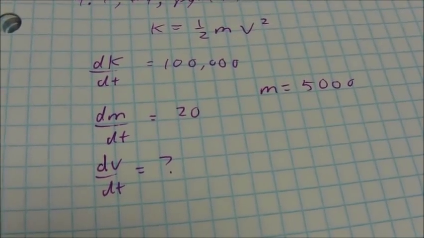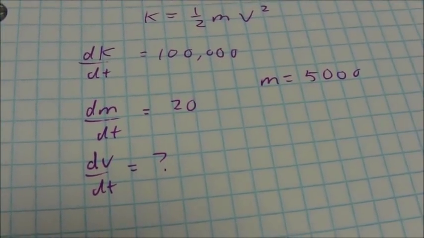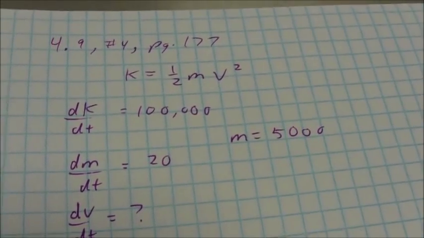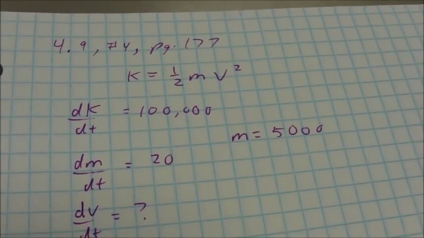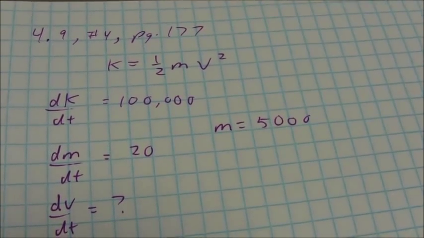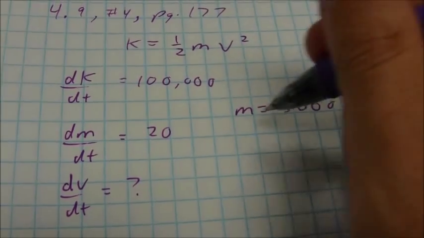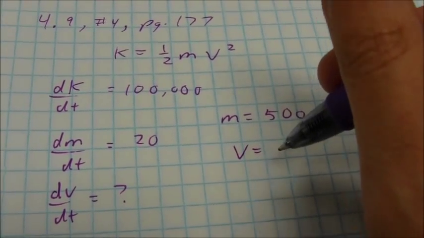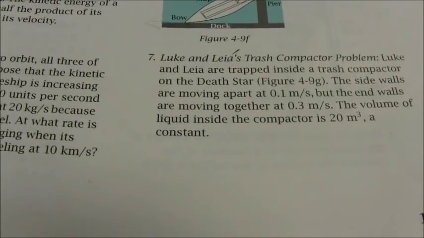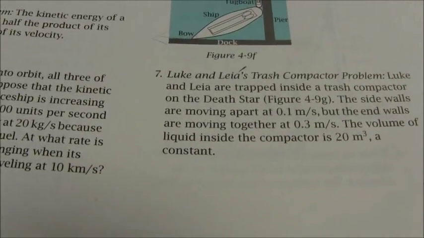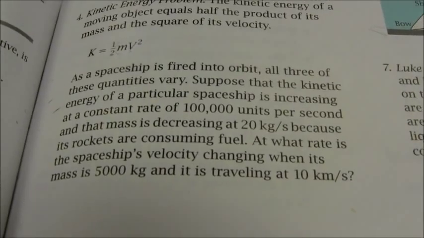Again, keep in mind I need a dK/dt, a dm/dt, and a dv/dt, so I'm not going to be able to take out a variable. And it says that it's traveling at 10 kilometers per second. That is a velocity. I think everything is in seconds and kilograms. I don't need to do any unit conversions here.